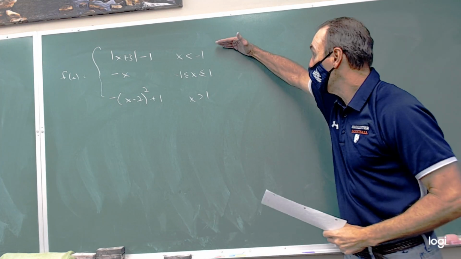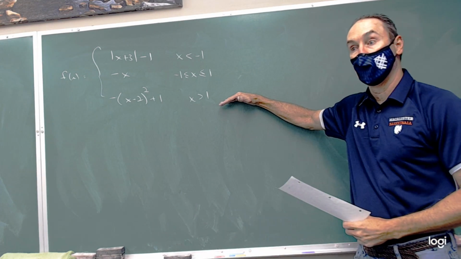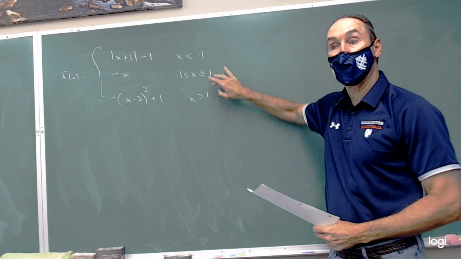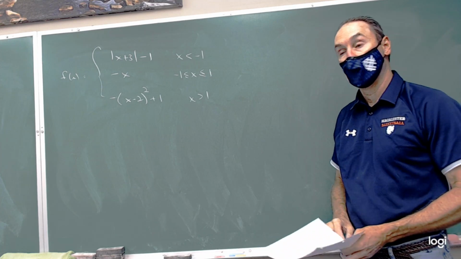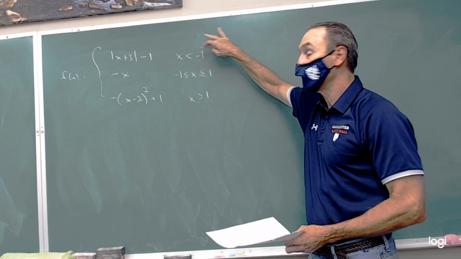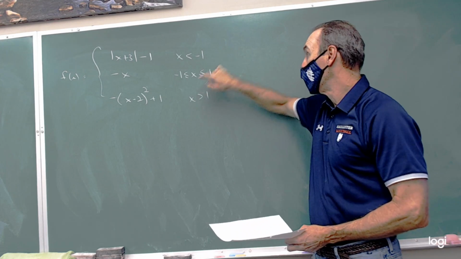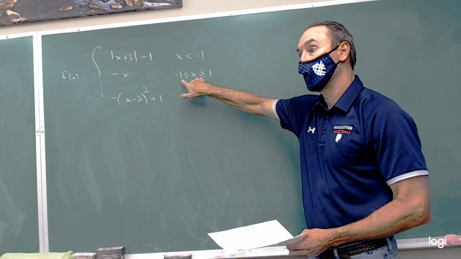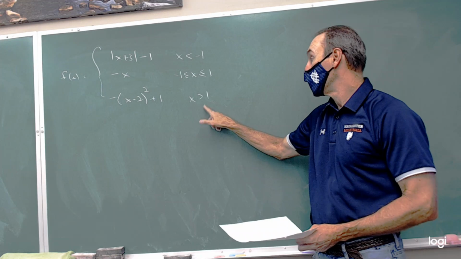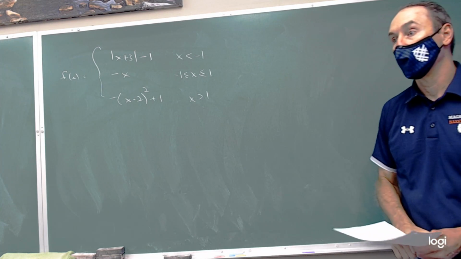So you have 3 distinct pieces there. And we're going to graph each one of those. We've got to be wary of where the boundaries are on that graph. So we need to know exactly what the y-coordinate is when we plug in negative 1 for x. Here we need the boundary points x equals negative 1 and x equals 1. What are their y-coordinates? And likewise down here with 1. Does that make sense?